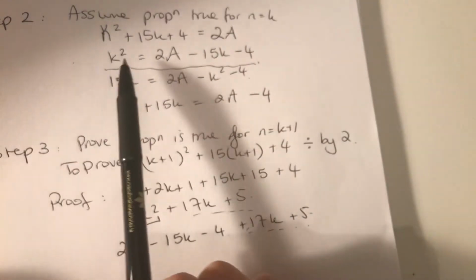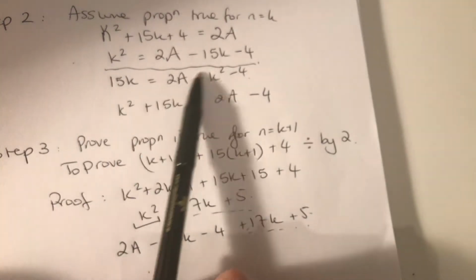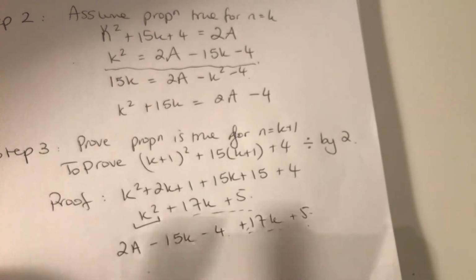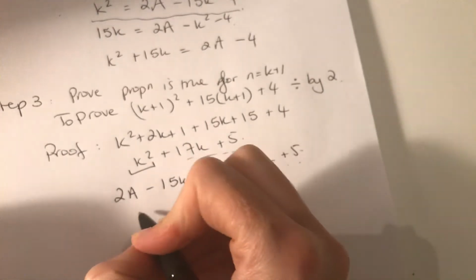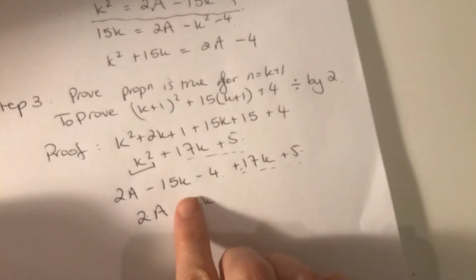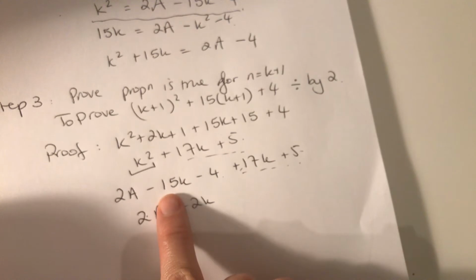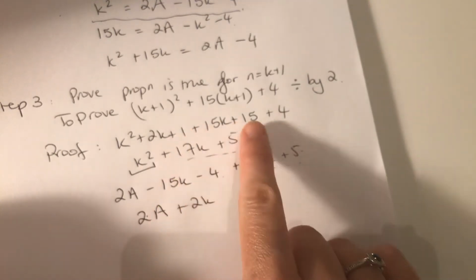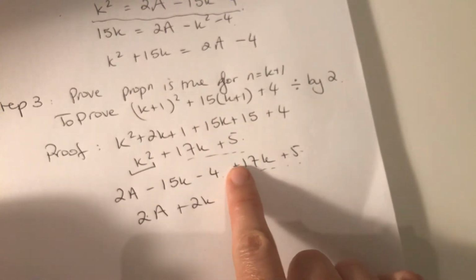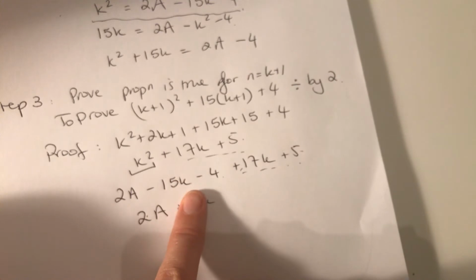And sorry, so k squared is, have I filled that in right? 2a, there's my k squared, yep. So I end up with 2a plus 2k. Sorry now, I'm missing something.